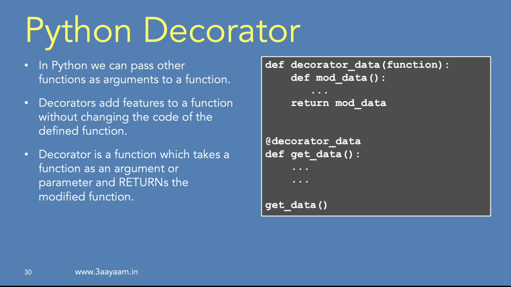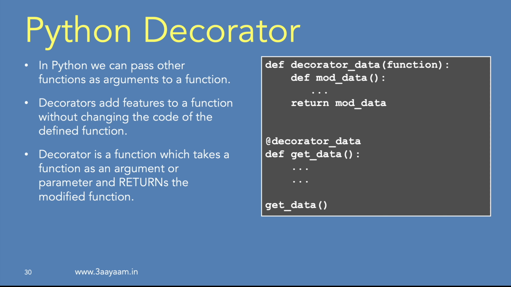You can imagine that that's what Flask has been doing, and that's what we have been using so far. We use @app.route, and we pass some argument to it in app.route. Next, we define the function which will work as an API. So what app.route does is it takes the function, modifies it and makes it an API. And in case of Flask, we are not using a decorator function, we are using a decorator class.